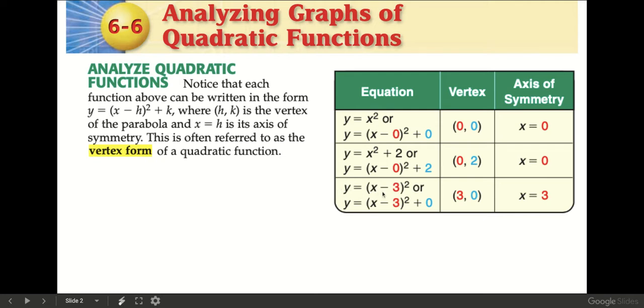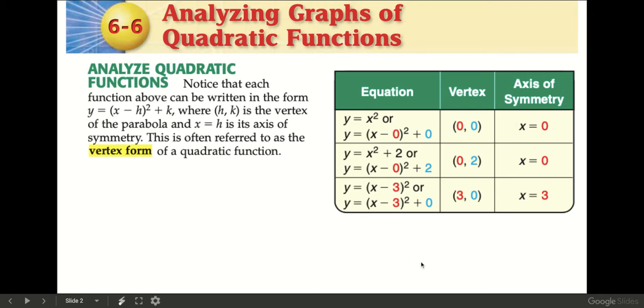Y equals quantity x minus 3 squared, or y equals quantity x minus 3 squared plus 0, would give us the vertex at (3, 0). Again, the axis of symmetry goes right through the vertex where x is 3.